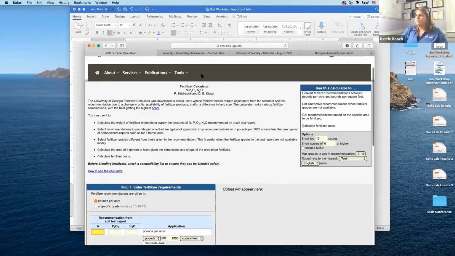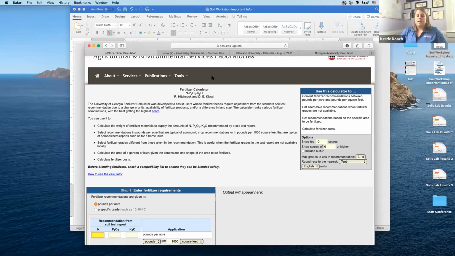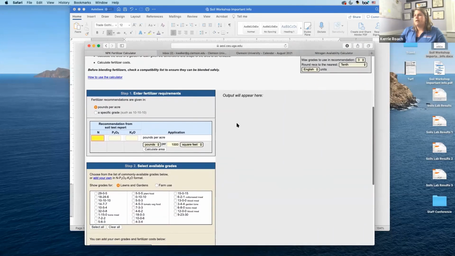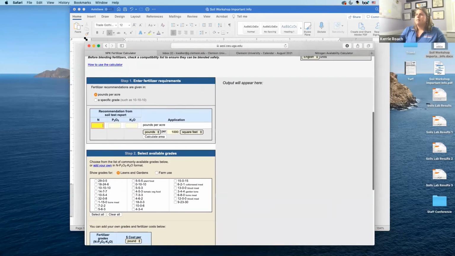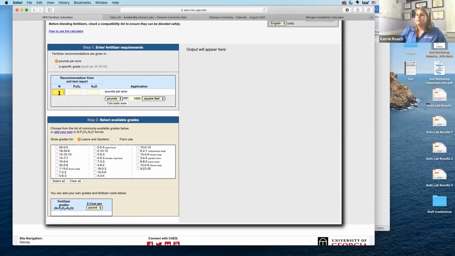So remember we were doing those fertilizer calculations, and sometimes when you go to the store, the things that you find, or you go to the garden supply store or the feed store, things that you find are not always what's on hand. And so this is a great tool to have because you can put your recommendation from your soil test report here in the box. Let's see, 16.